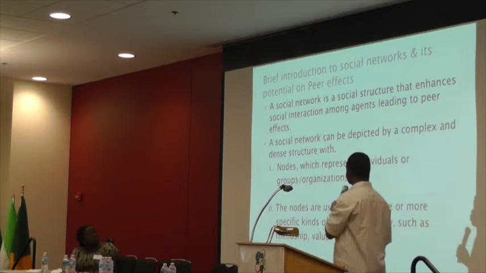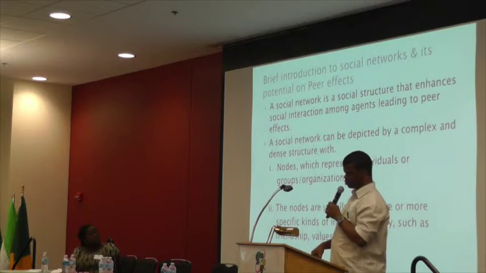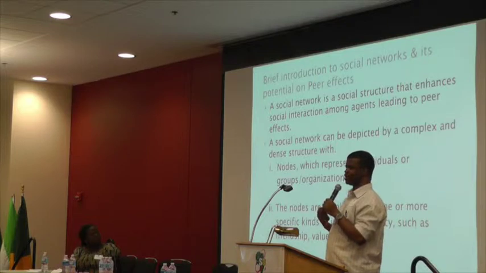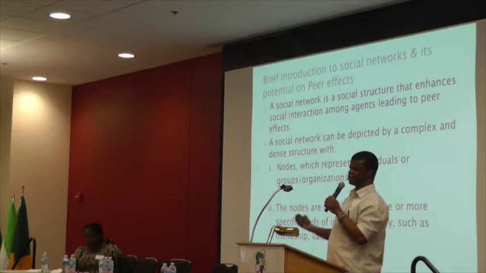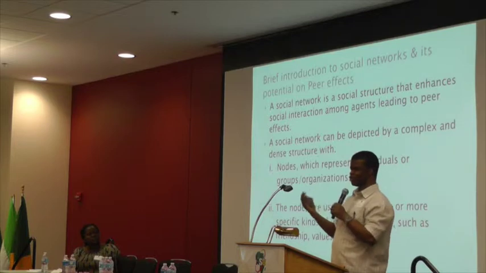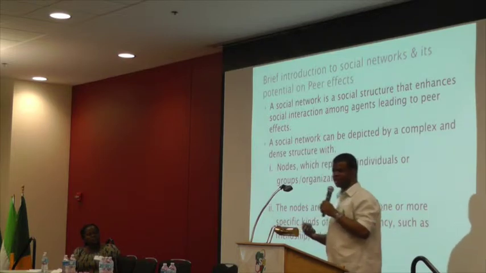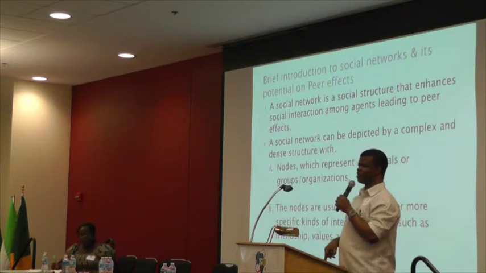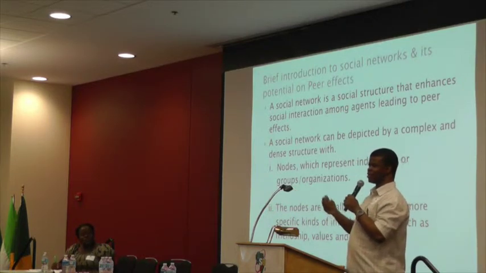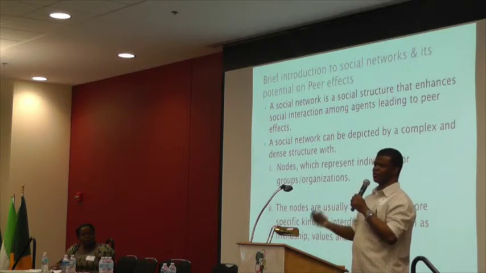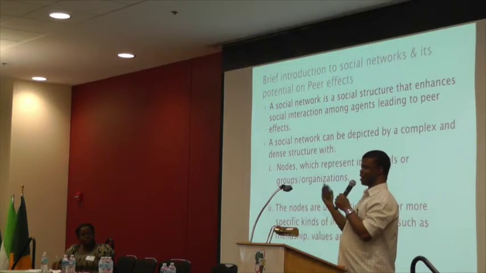Then there is social structure. There is what we call social network. What I'm doing involves a lot of things: we have spatial analysis and social network analysis. Social network is when you have a social structure which breeds social interaction, like the issue of Twitter that we just talked about, Facebook. If I ask how many friends you have, you probably will say you have 100 or 200 friends, and each of those 200 friends also has friends.